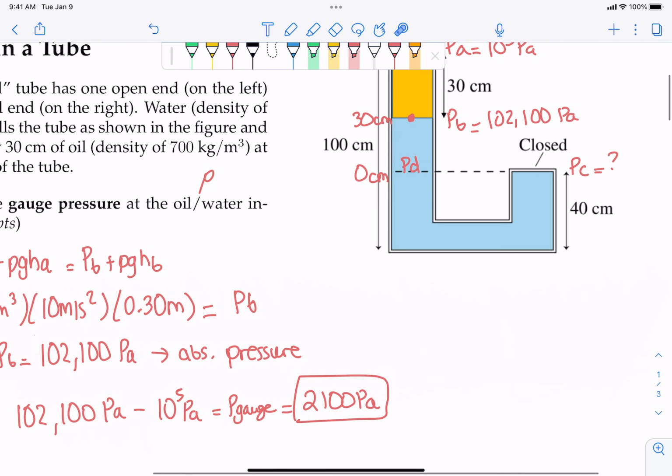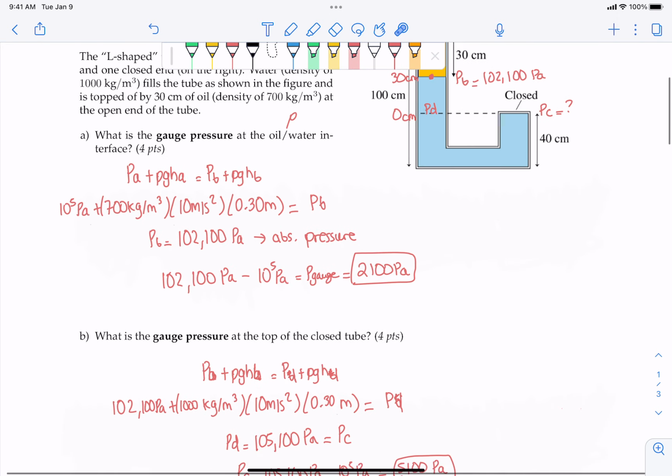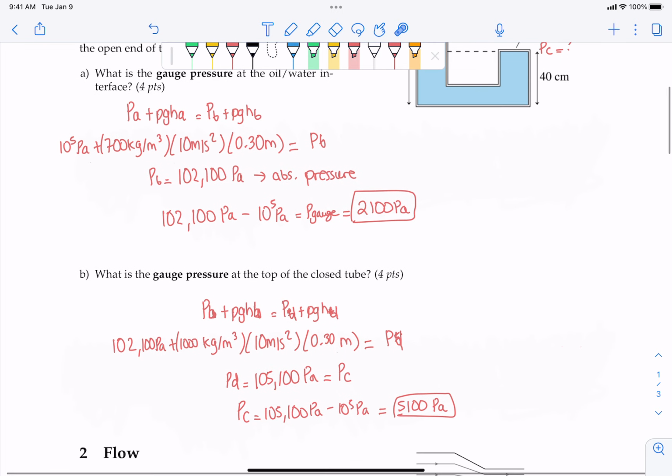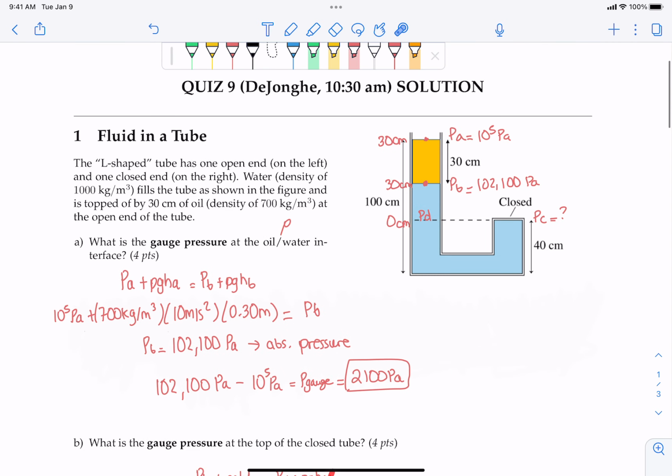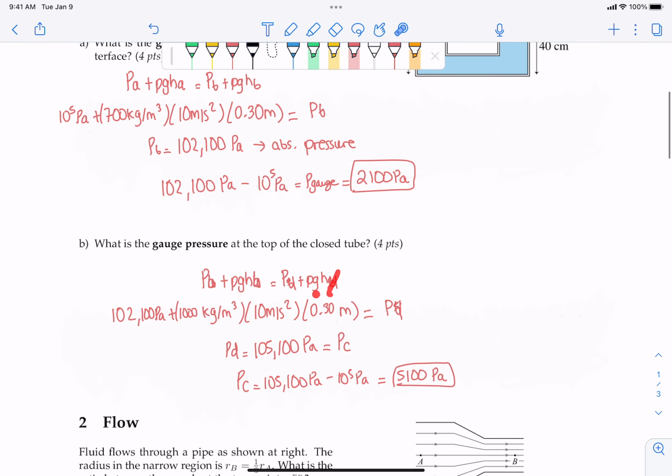So our height at point B is 0.30 meters or 30 centimeters. And since the height at D is 0, that whole term cancels out. So we're just left with PD is equal to the pressure at B plus ρghB.